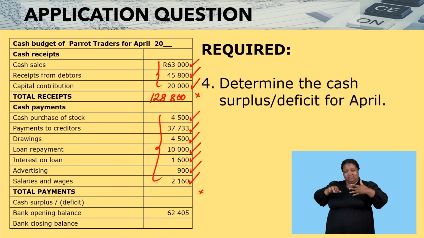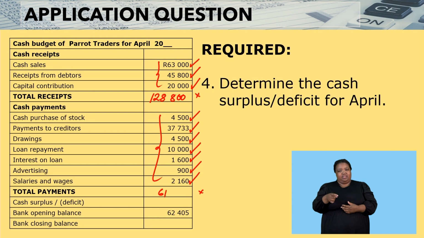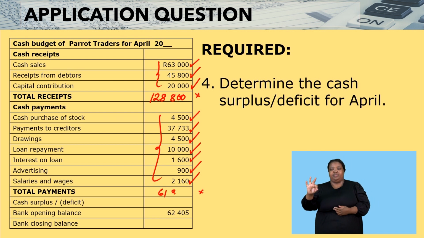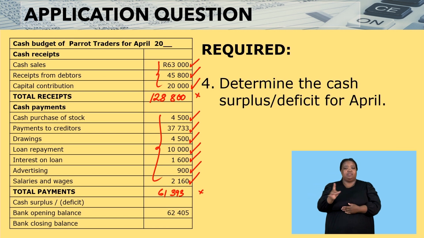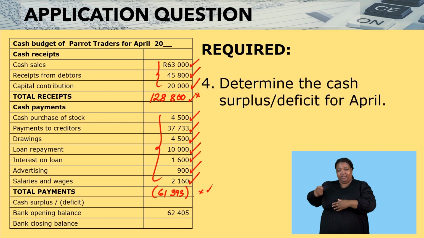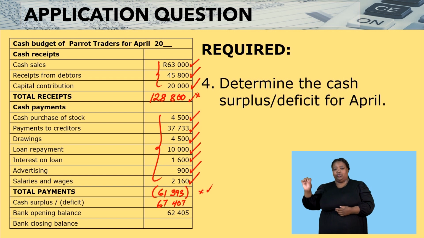When I add all of these, they give me 61,393. Remember what I said earlier on, your payments must be in brackets. So if I say my receipts minus my payments, that will give us 67,407.